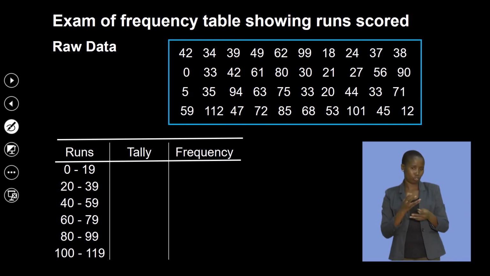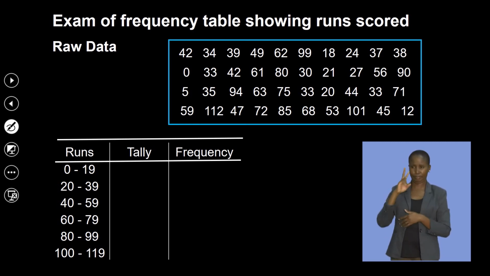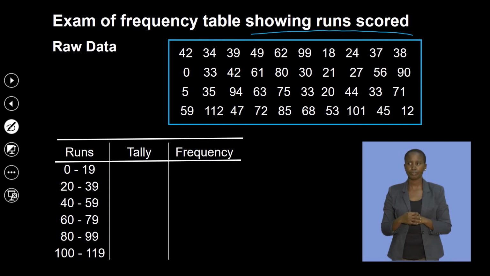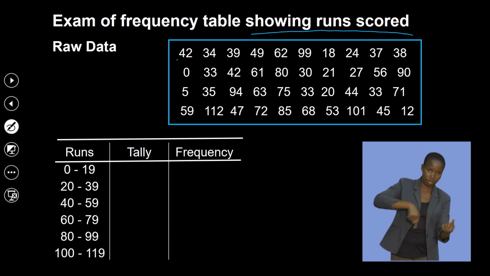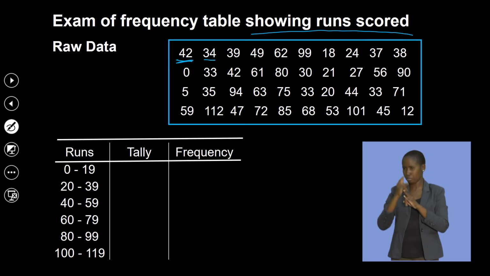Let's look at this. These are the runs from a cricket game. These are the scores. We can see 42, 34, 39, 49, and so on. This is raw data. It's just random.